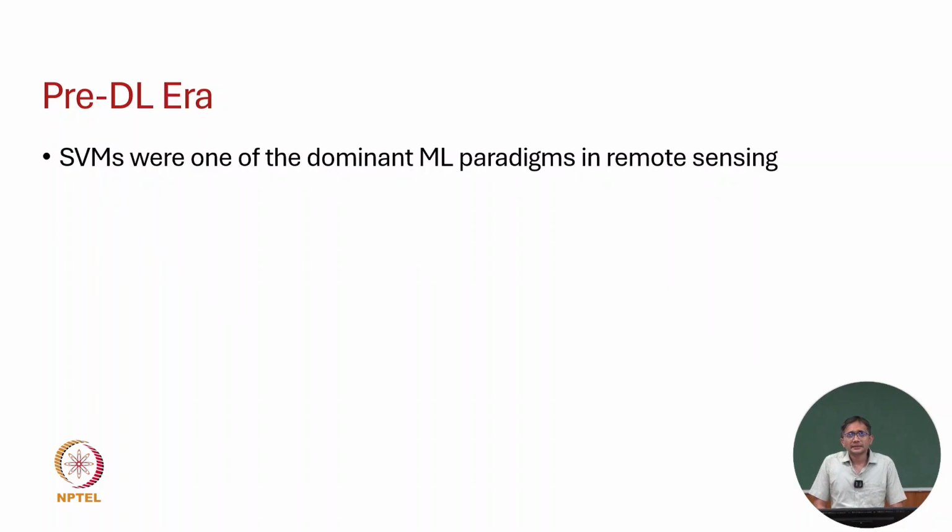So with this, let us start talking about the pre-deep learning era. Support vector machine or its variants, they were one of the dominant machine learning paradigms in remote sensing.